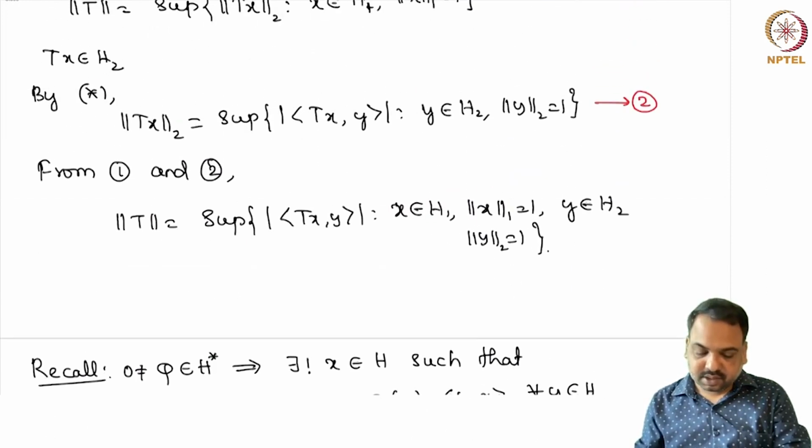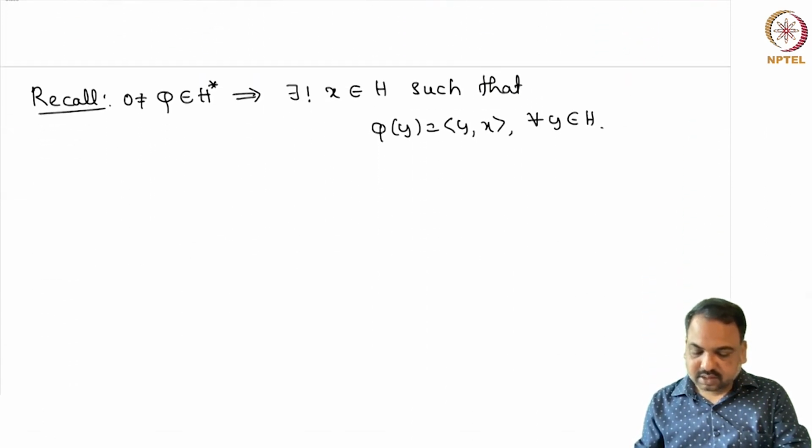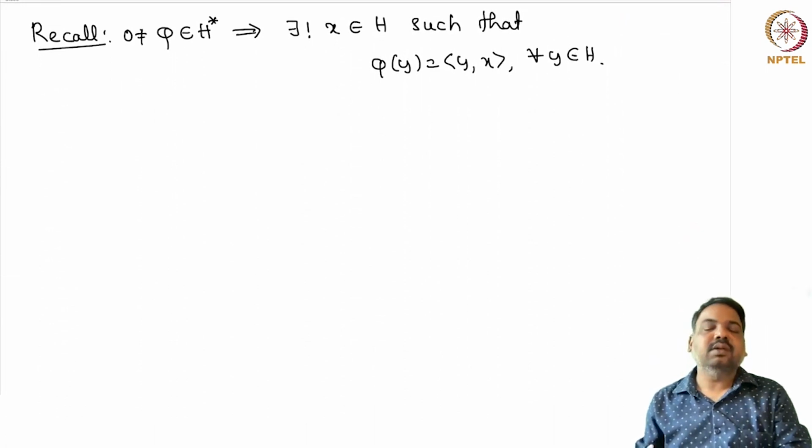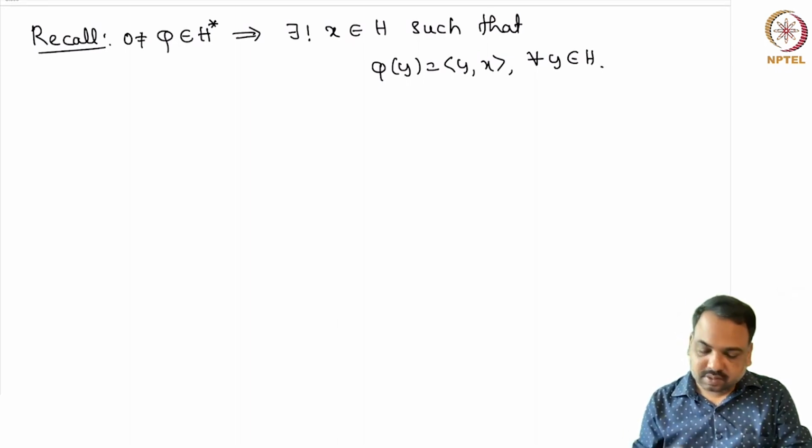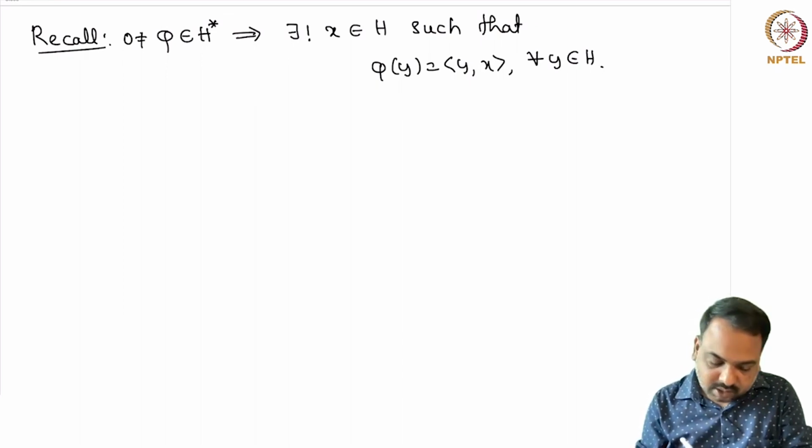It is represented by a unique vector. Now using this result, we can associate a new operator in a unique way with the given bounded operator. So let us look at that part.